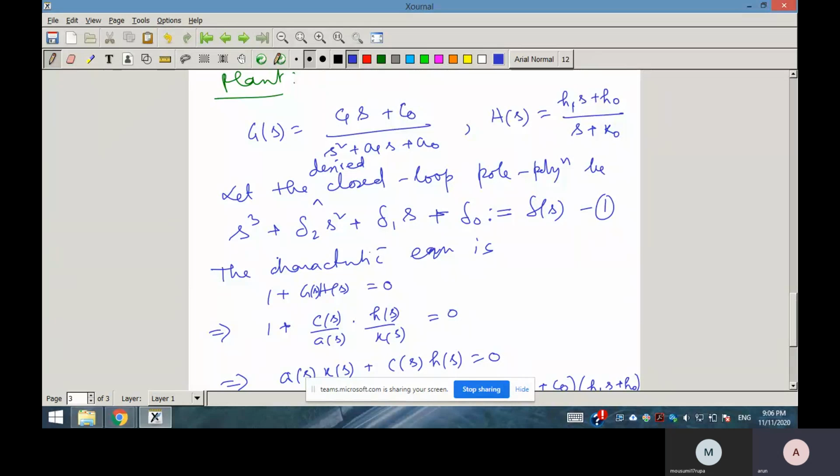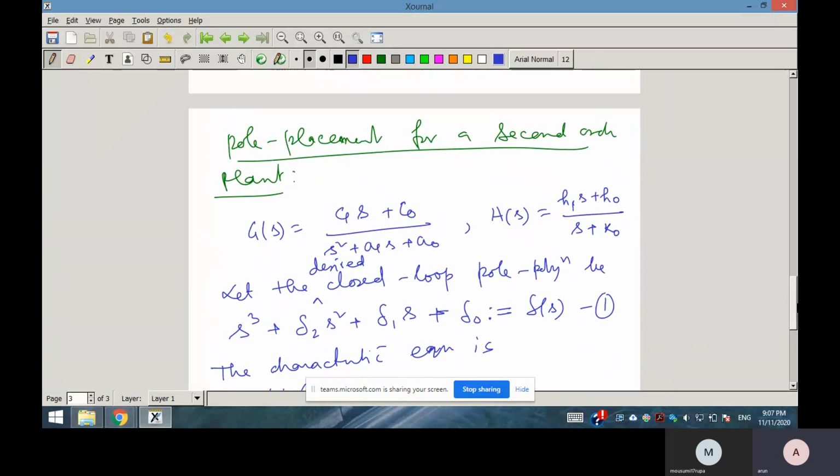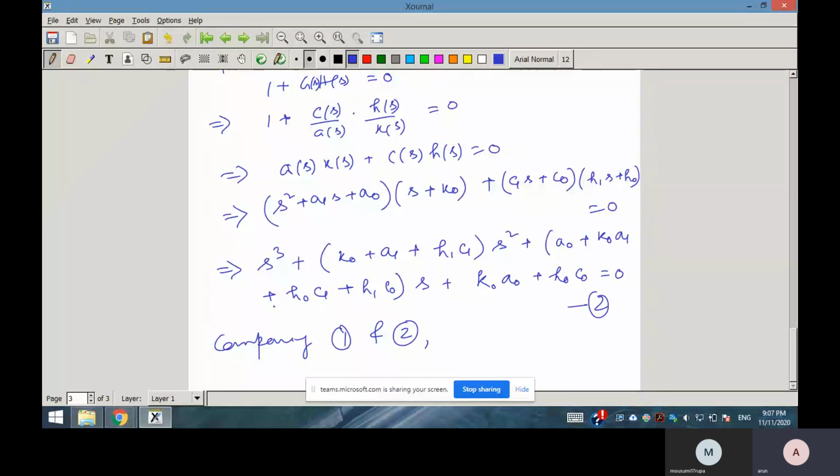So if you compare every coefficient, coefficient of s to the power cube, s to the power square, s to the power 1 and s to the power 0, then what will you get? Because this equation is actually equal to delta s.